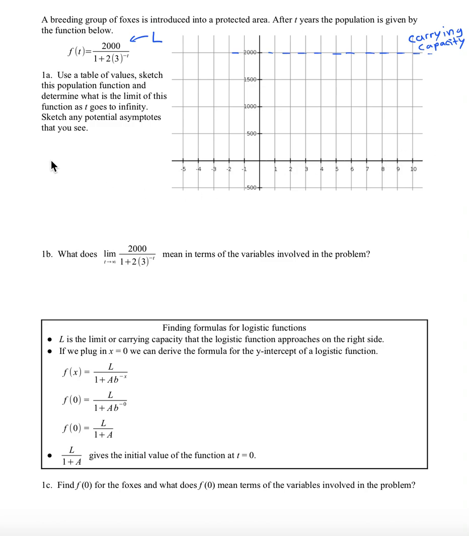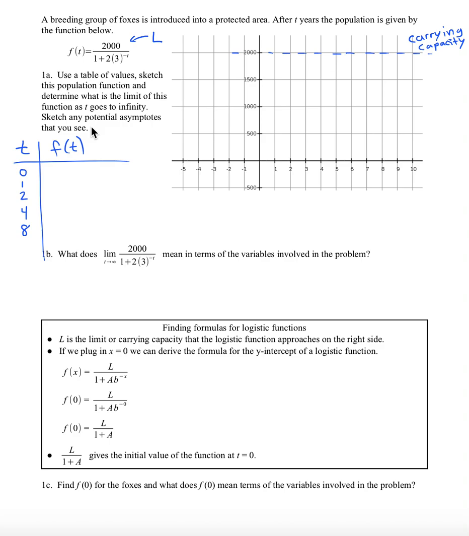Now, in order to use the table here, we'll want to pick some different times to analyze. So we could start off with just 0. We can do 1, 2, perhaps 4 and 8. And we'll just plug into the formula and get an output value on a calculator.